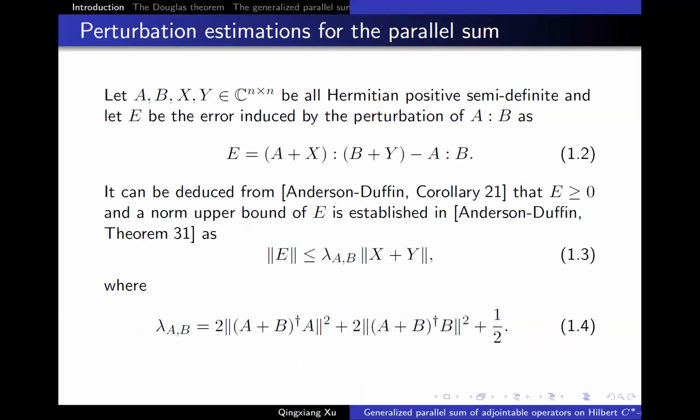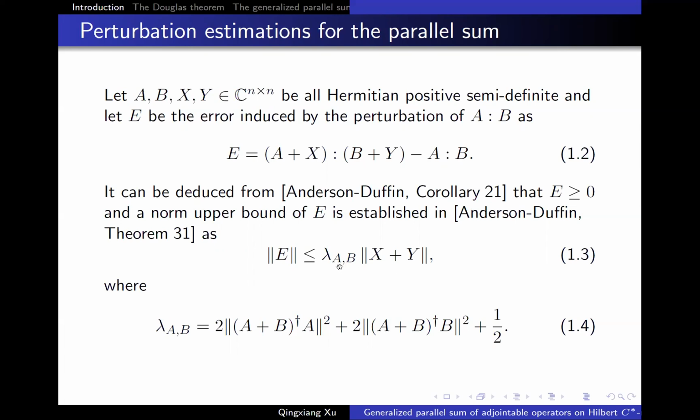Suppose A, B, X, Y are positive, and we are given two perturbations. One is X, one is Y, that connect to A and B respectively. So a perturbation E can be induced in this way. It can be deduced from Anderson and Duffin's paper. They show that such E is positive and a norm bound of E is established there as this one, which is the product of two numbers.